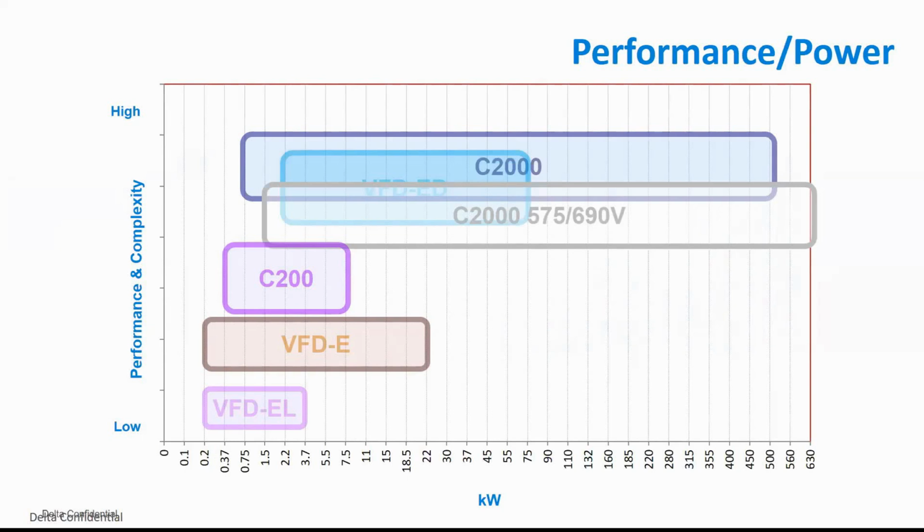You can also see the C2000 for 690 volt. That's a bit lower than C2000 because the 575 and 690 volts do not support field-oriented control, so they do not support encoder cards, and that's the reason why you see it a bit lower on the performance and complexity chart.